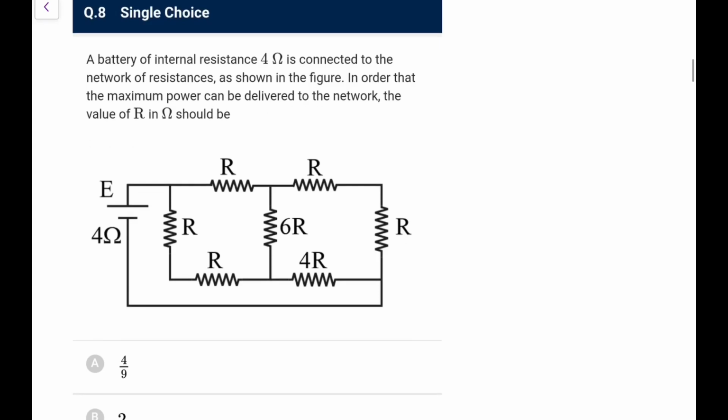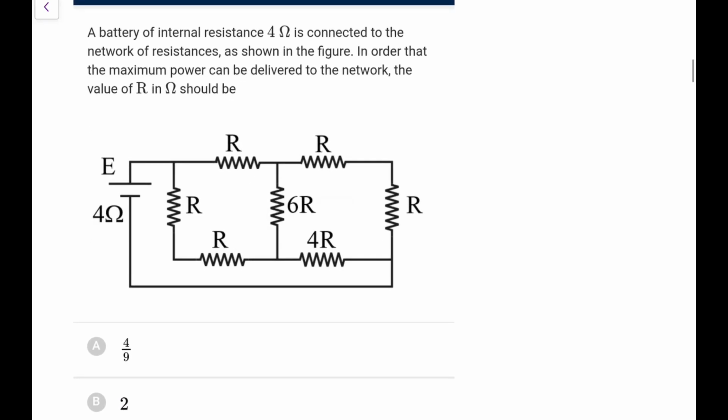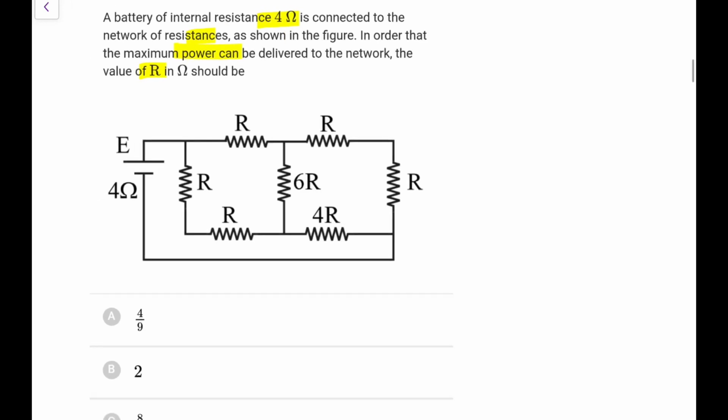Next, a battery of internal resistance 4 ohm is connected to a network of resistances so that maximum power can be delivered; find the value of R. Frankly, I taught this question last night to my class 12 students. For maximum power, the resistance of the circuit should match the internal resistance of the battery.